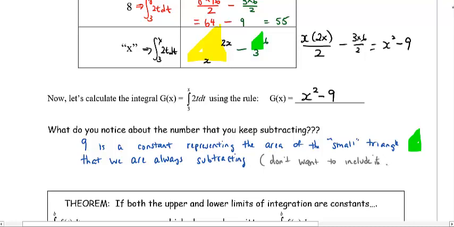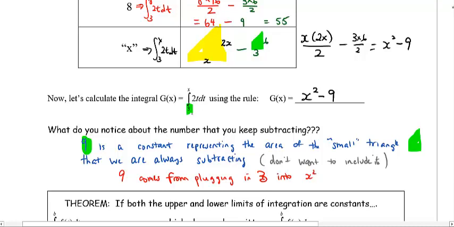Okay. So where does the 9 come from, if you think about it? Well, the 9 is connected to this value of 3, hopefully you can see. 9, of course, comes from plugging in 3 into the x squared term, right?